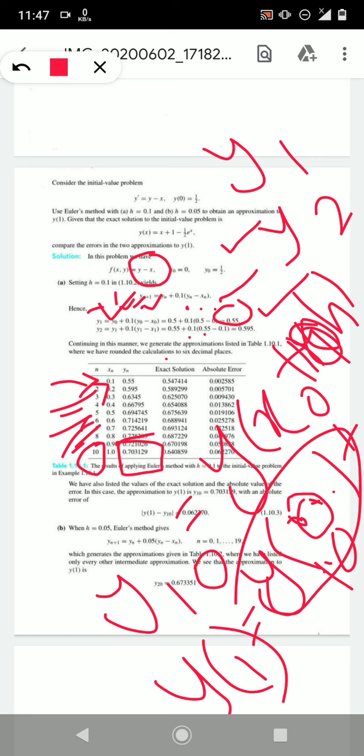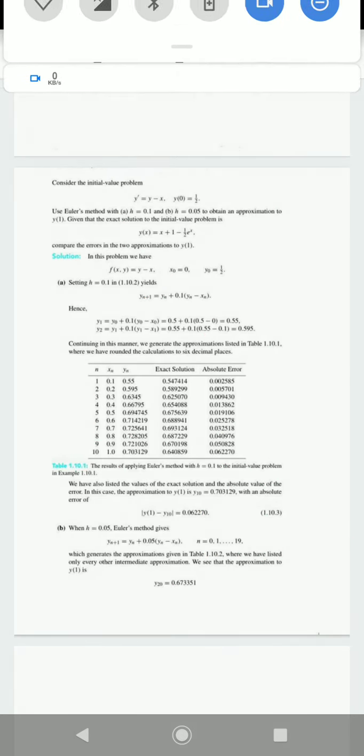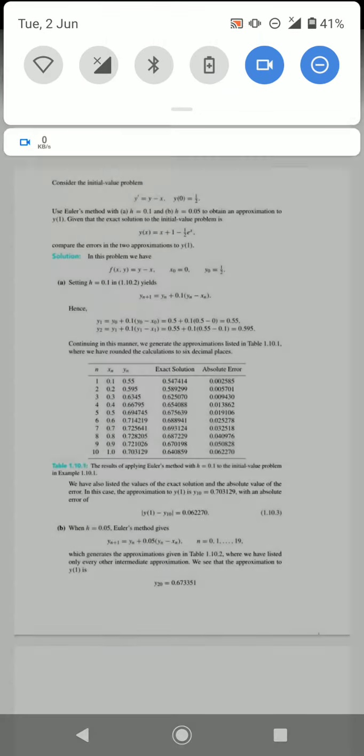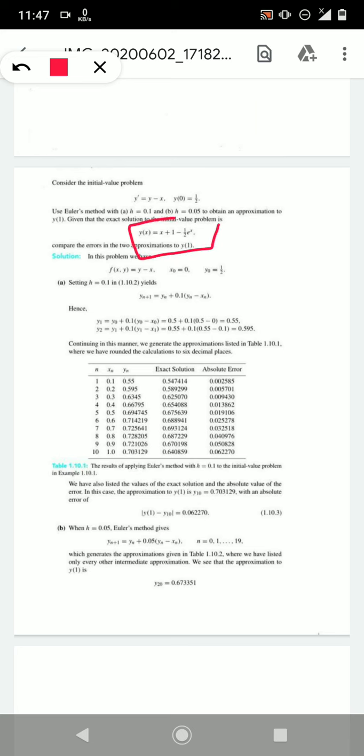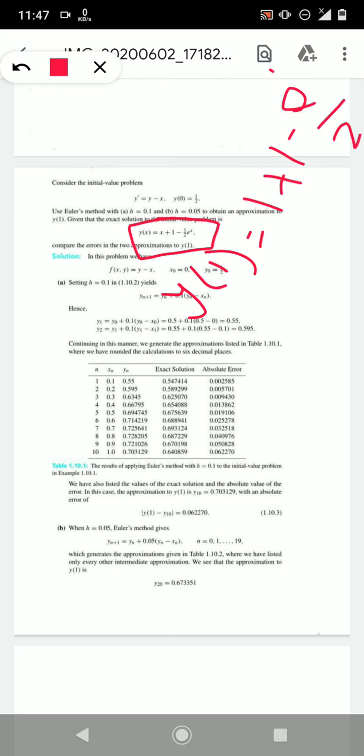7.7033129. And using the exact solution, substituting x is equal to 1, that is y(1) is equal to 1 plus 1 minus e raised to 1 by 2, which is equal to 0.640859.